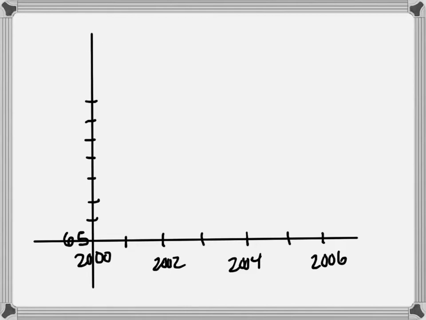I'm running out of space. I'm going to try them a little bit closer together. How about I do them in twos? 67, 69, 71, 73, 75, 77, 79. So 77 is my highest one.